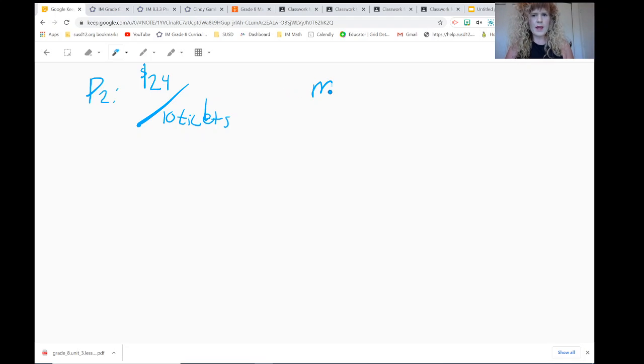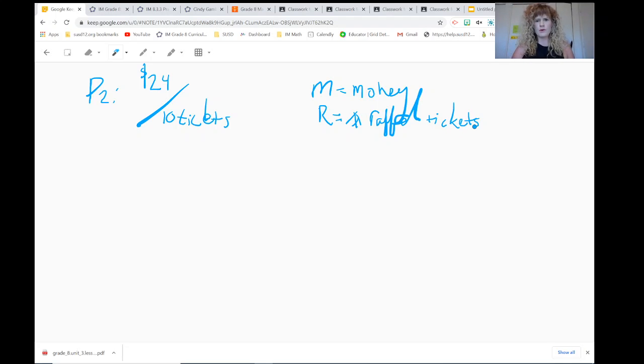And we learned that M equals the money that they're earning. Write this in your notes. Always use your notes to show your learning. R equals the number of raffle tickets. It's very hard for me to write neatly with this pen tablet, so follow along and make sure you know what I'm talking about.